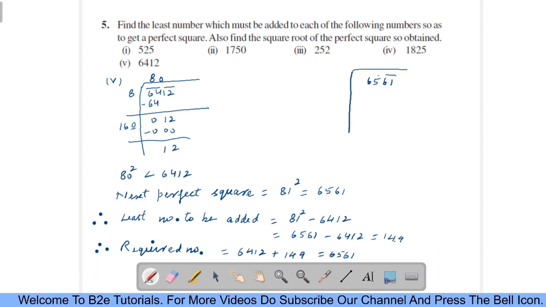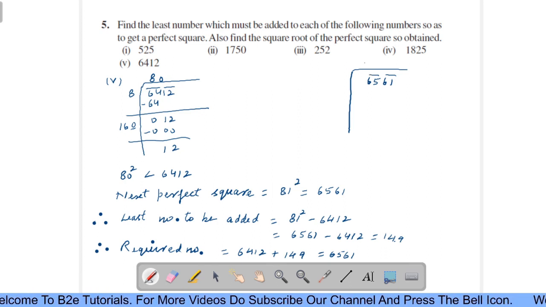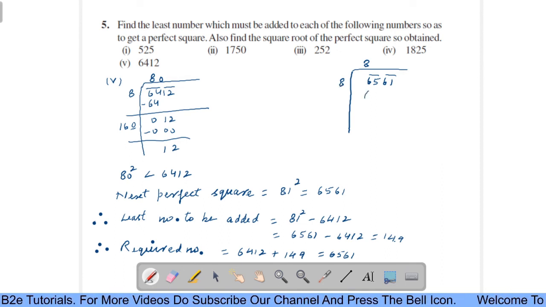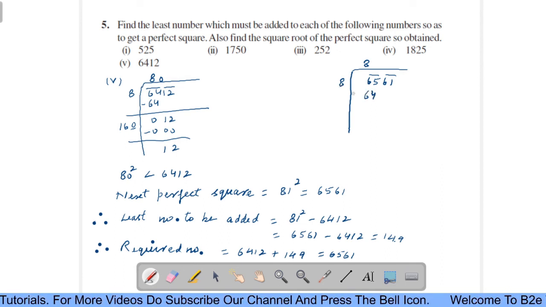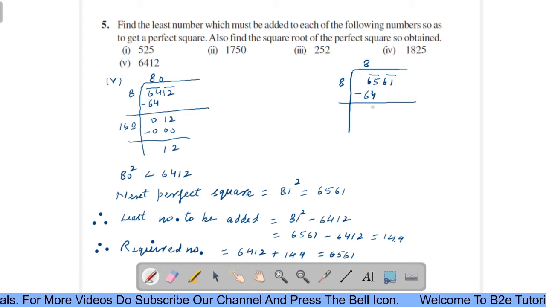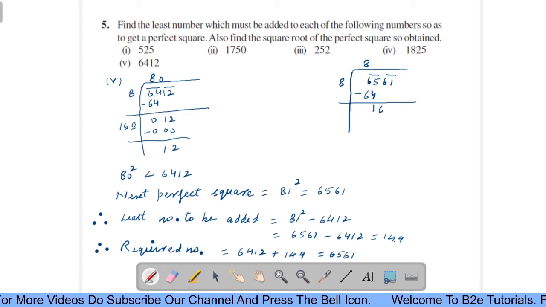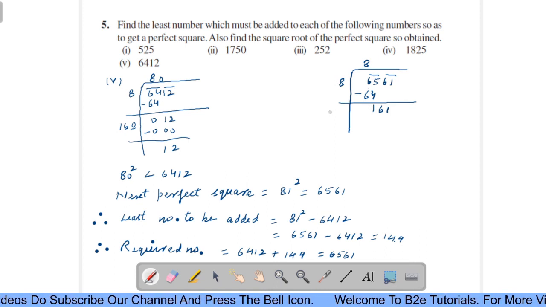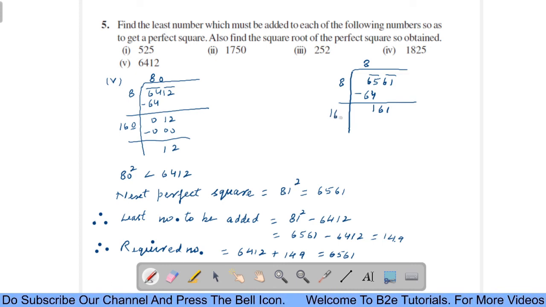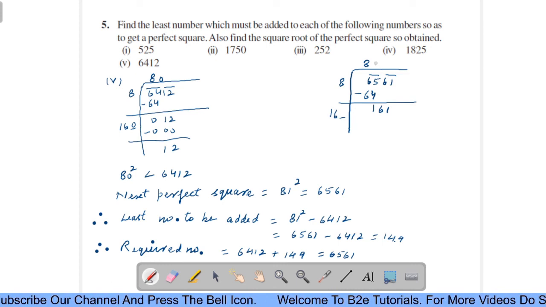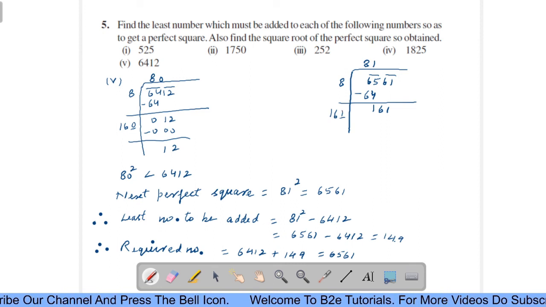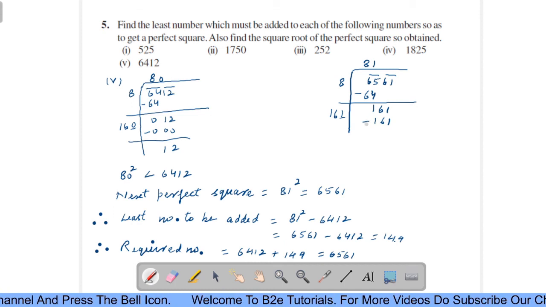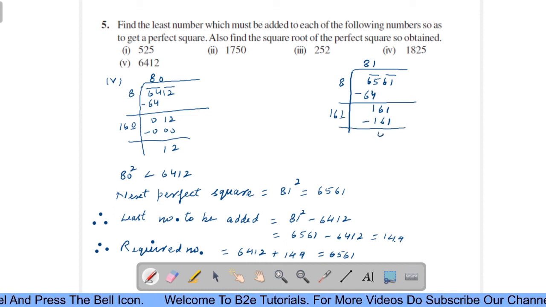Make pairs from right hand side. How many times it will go? 8 times. 8 8 is 64. Subtract it. What will you get? 5 minus 4, 1. Bring second pair. That is 61. The number becomes 161. Now 8 plus 8, 16. Now how many times it will go? 1 times. It is 161. Subtract it. What will you get? 0.